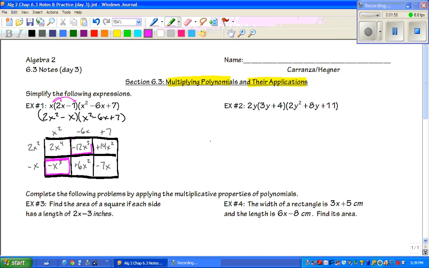We got an x cubed and an x cubed at the diagonals, and my x squared and the x squared the other diagonals. So when I go ahead and write everything out, I have 2x to the 4th minus 13x cubed plus 20x squared minus 7x.